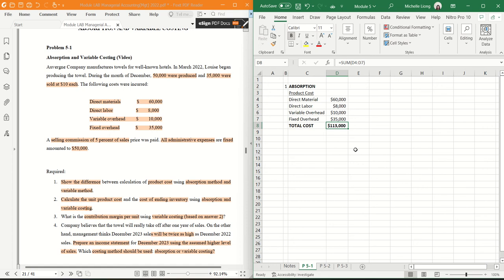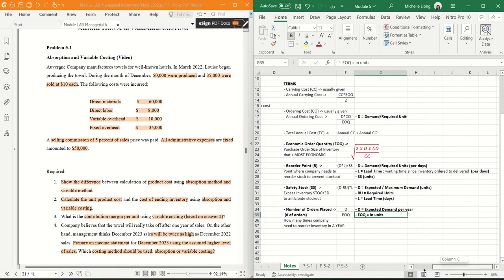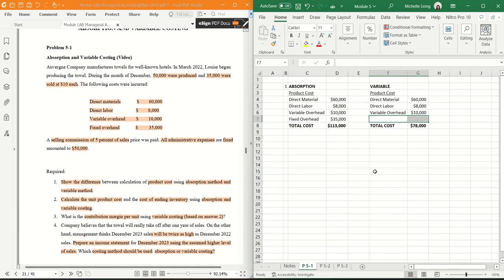For the variable cost, it's still the same. We're just going to copy paste this one. For variable, the product cost, we need to eliminate the fixed overhead. Because why? Remember that the fixed overhead is seen as a period expense. So right here we have the difference of product cost in absorption and also variable cost.